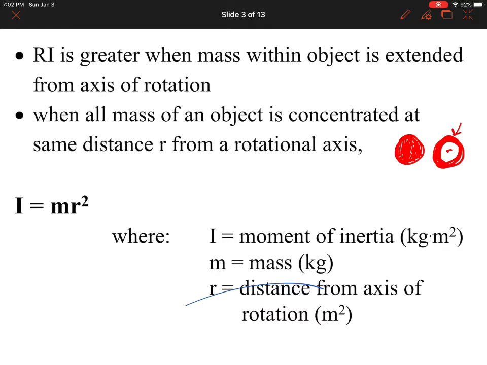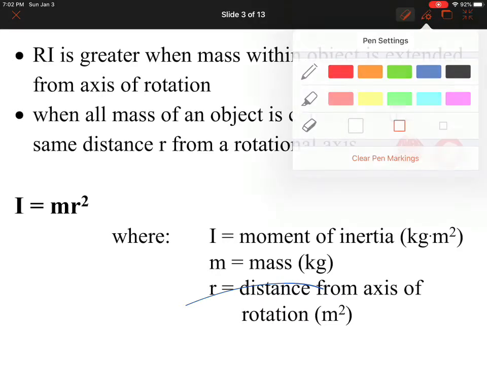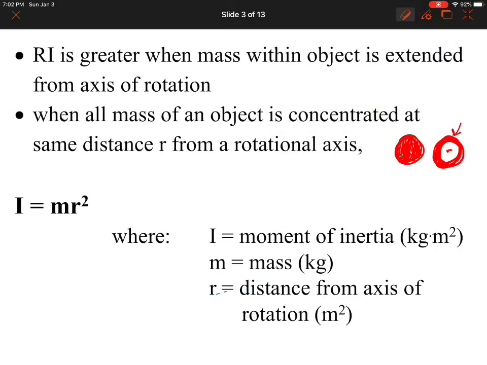Okay, and so this is where I is the moment of inertia, or the rotational inertia. Its units are kilograms times meters squared, basically just what it's made up of. There's not a special unit for rotational inertia, where m is, of course, mass, and r is the distance from the axis of rotation, and then we square it, so the units become m squared there.